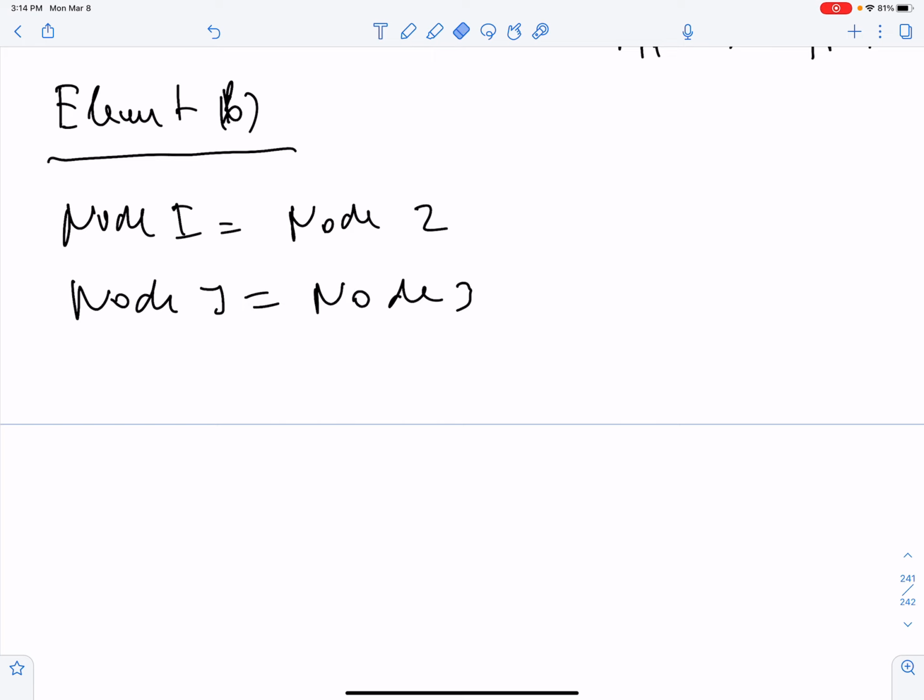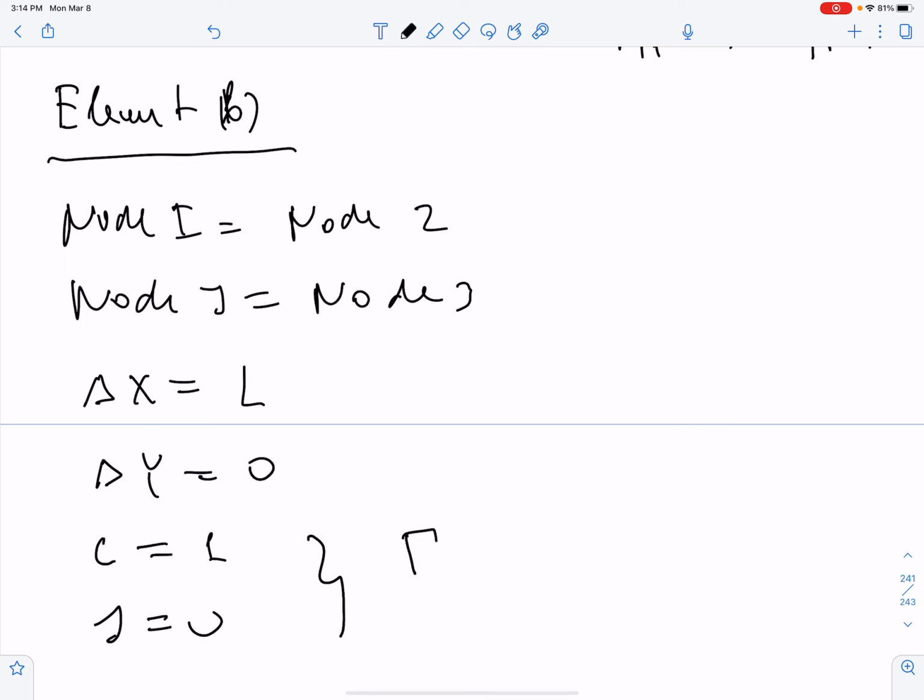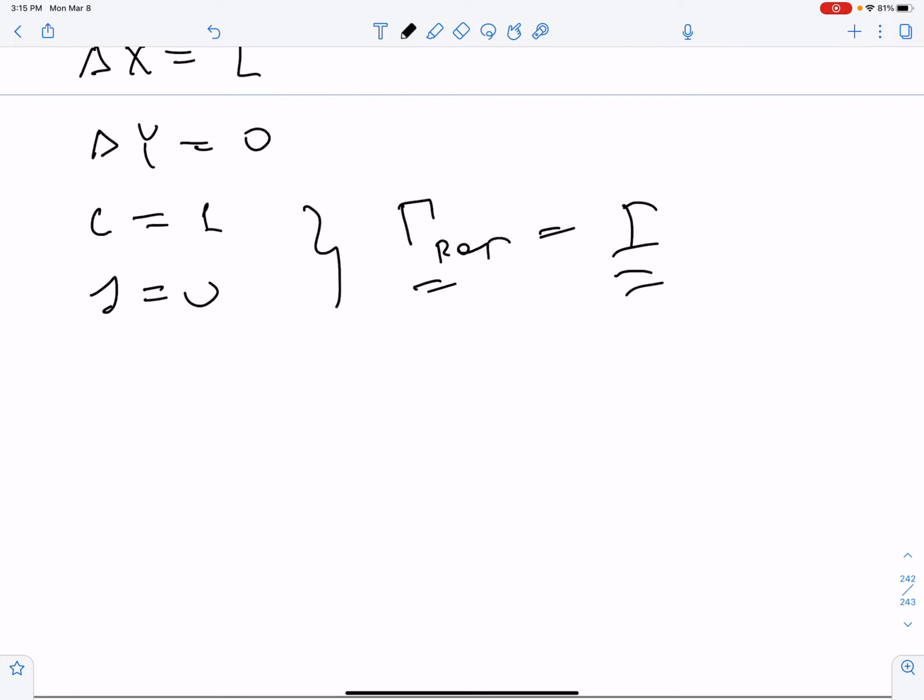Delta X equals L, delta Y equals 0. From here we conclude just as before, cosine equals 1, sine equals 0. And then the gamma ROT equals identity, so we're gonna disregard it completely, okay?